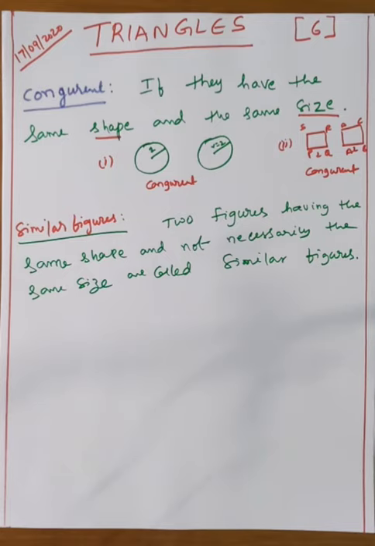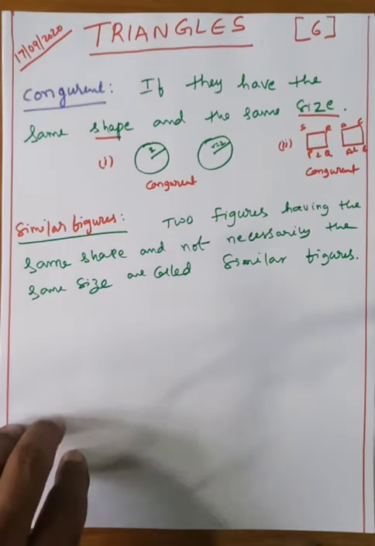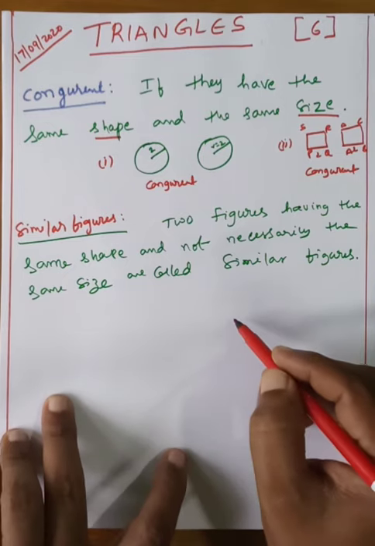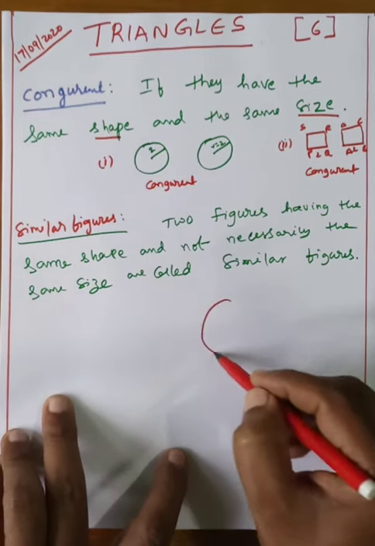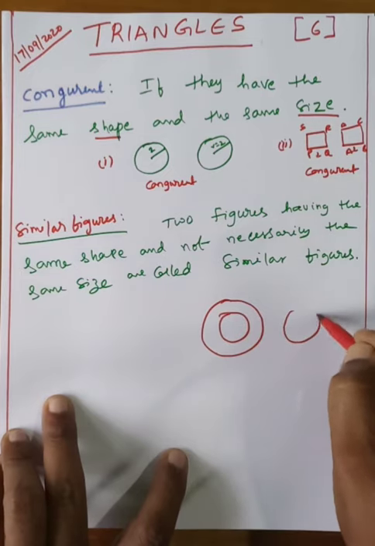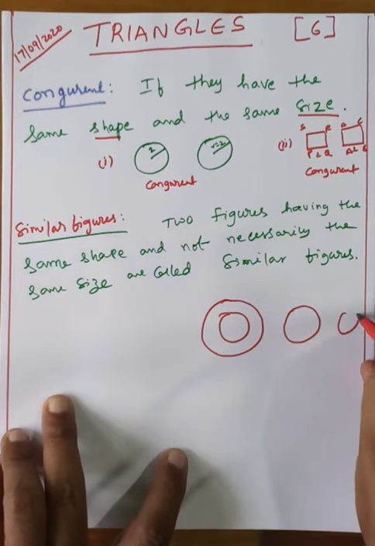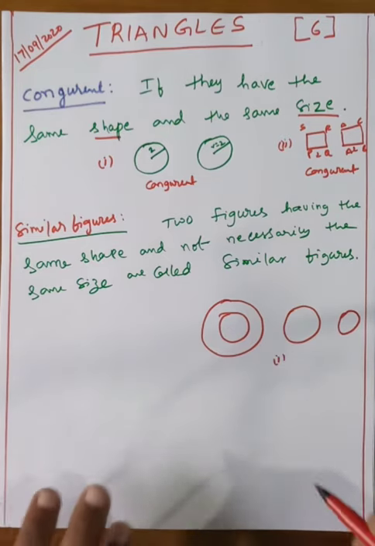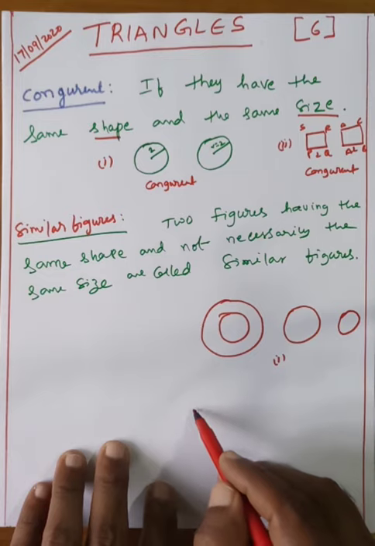Now we are going to some examples, my dear students. First we take two or more circles. Observe, this is a circle, this is a circle, this is also a circle. This is figure 1. Now the squares.